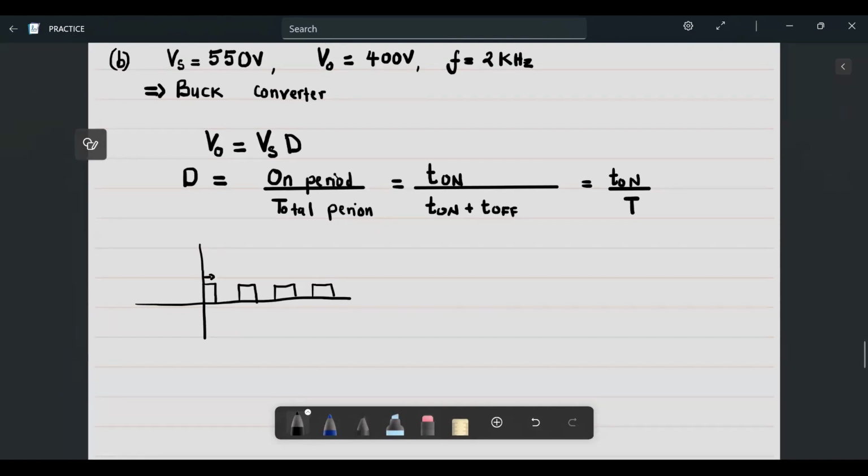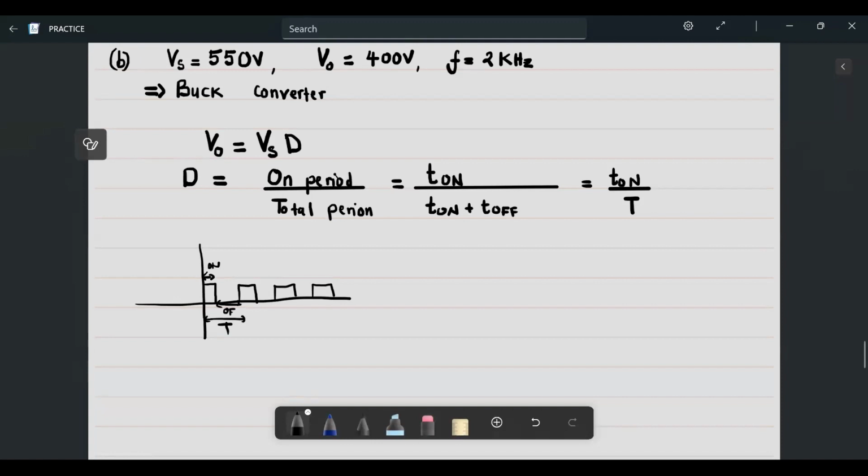From here to here is the off period, right? And as you can see here, from on up to off, this whole period is called the total time period. So the duty cycle is simply the ratio of the on period divided by the total time period. It tells you what fraction of the period the signal is on.